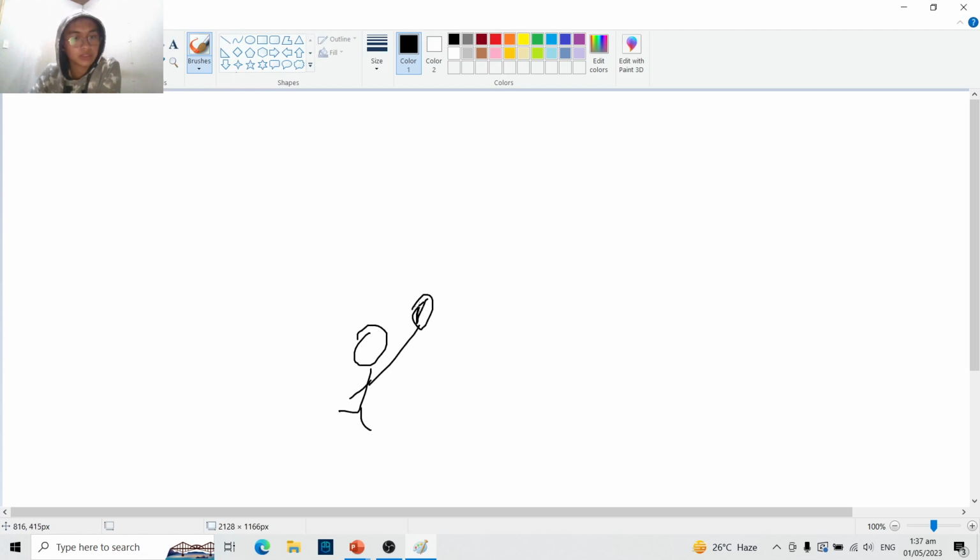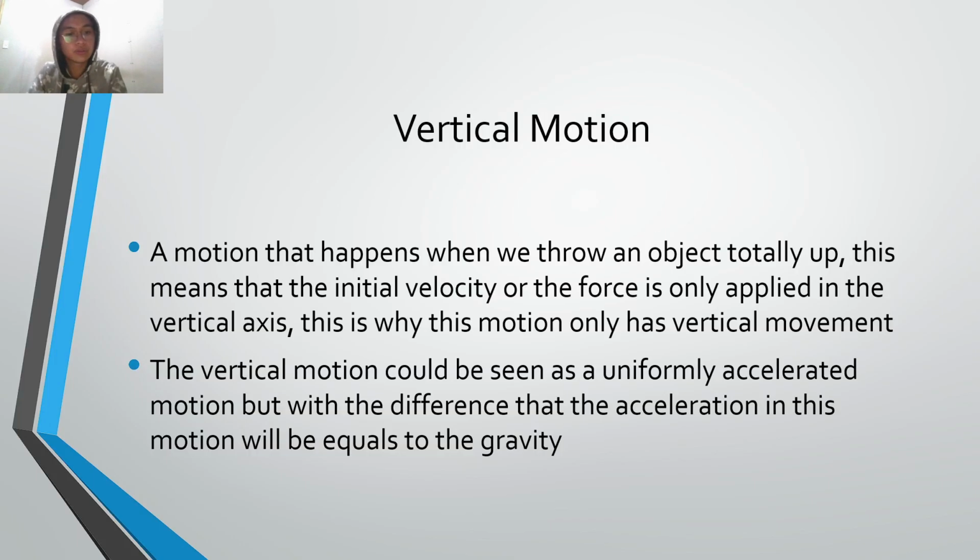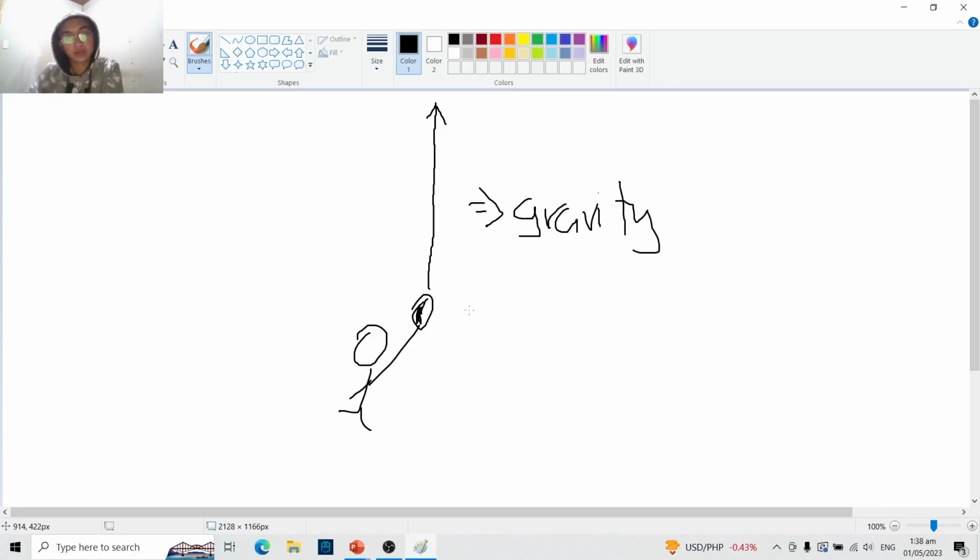So musaka na siya pataas. So, di ba, nakabalo naman ta nga si gravity is always pulling the things paubos, di ba?